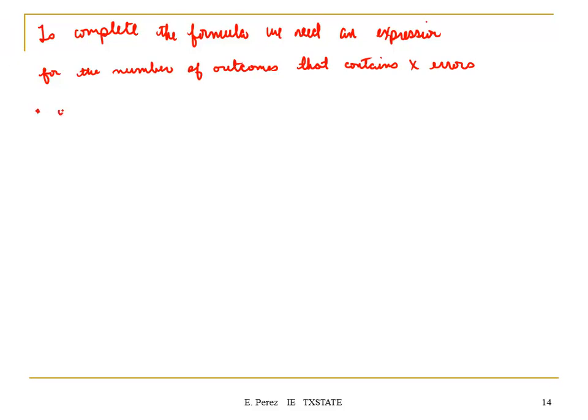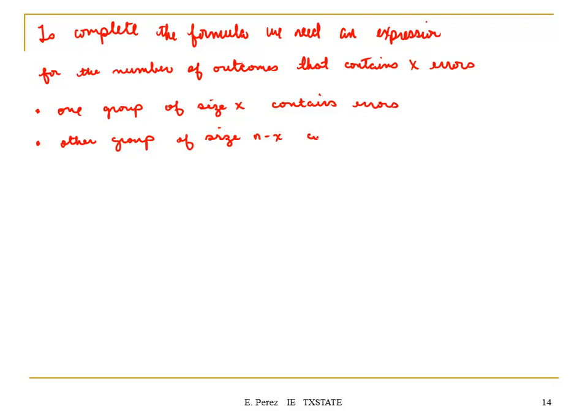One group of size x contains errors. The other group, of size n minus x, contains no errors.